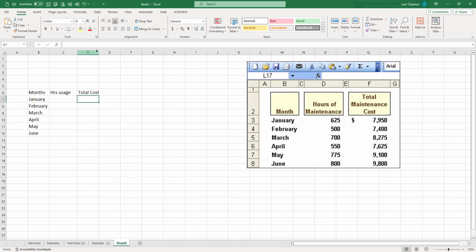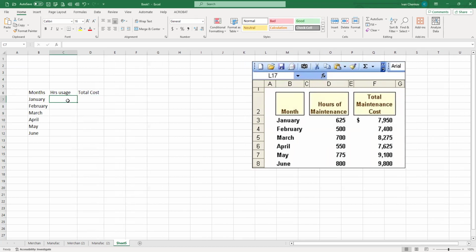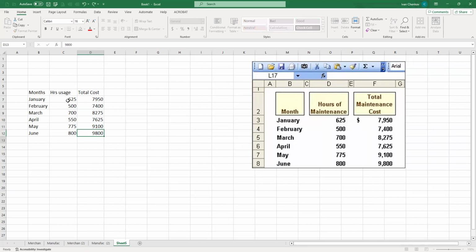Those are the three columns that we have. I can easily plug in 625, 500, 700, 550, 775, 800. And then the total cost is 7950, 7400, 7500, 7625, 9100, 9800.